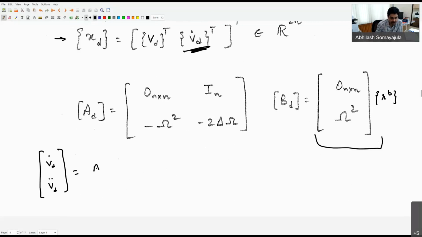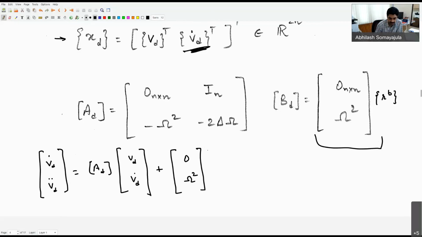That is equal to AD times VD and VD dot, plus I have 0 and omega square times RB. So when I apply a so-called step input in RB, I'm actually affecting a major change here.